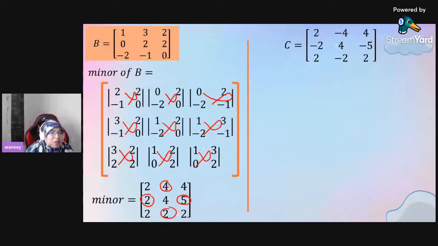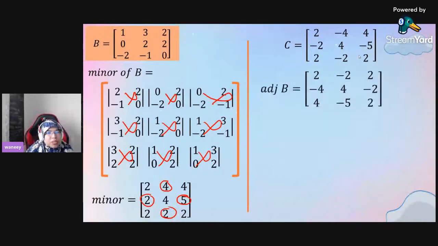So they will become 2, -4, 4, -2, 4, -5, 2, -2, 2. That is the cofactor. To calculate the adjoint, we simply need to do cofactor transpose. I transpose them straight away, so you don't see a T at the back, because I have already transposed them. Earlier, since you are just learning the adjoint, we need the cofactor transpose, but once you are used to it, you can write it like this directly. So the adjoint is 2, -2, 2, -4, 4, -2, 4, -5 and 2.